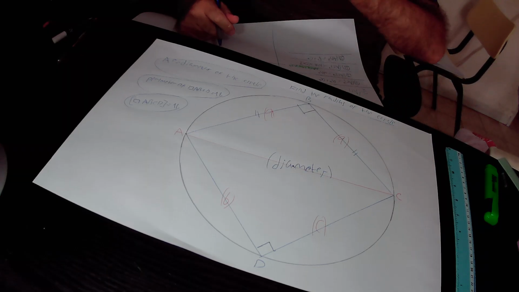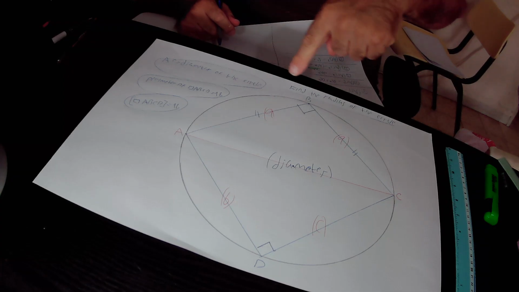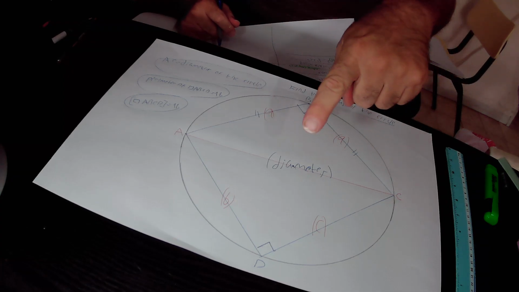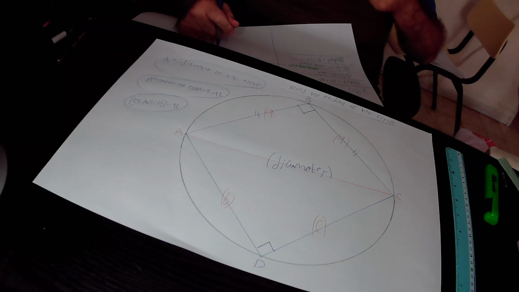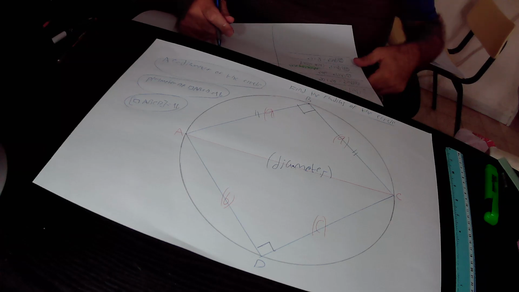We know that the perimeter of this quadrilateral ABCD equals 18, so AB plus BC plus CD plus AD equals 18. AB plus BC is A plus A, that is 2A.